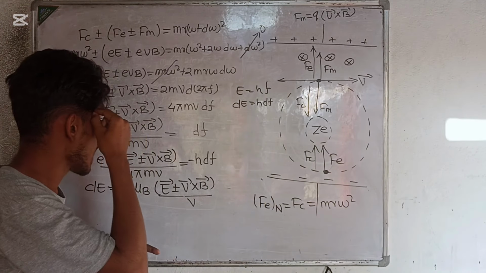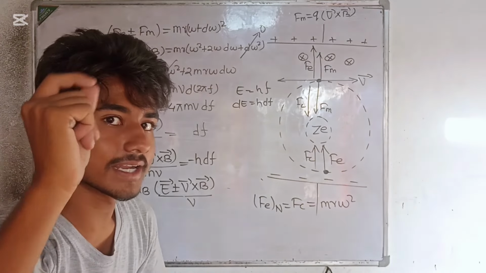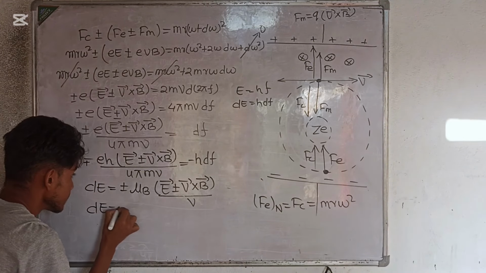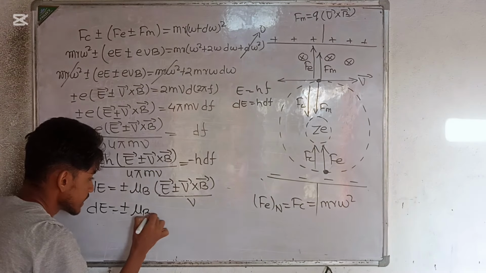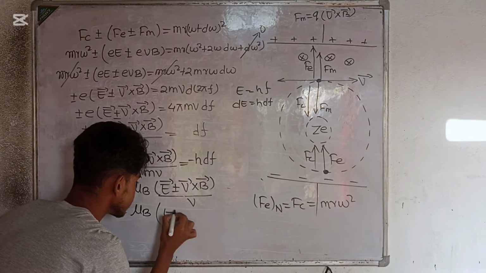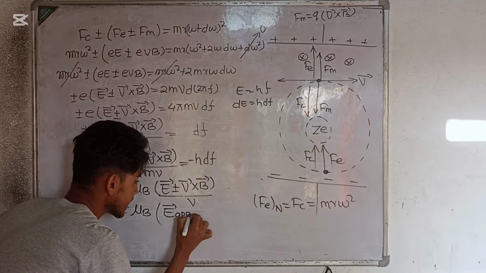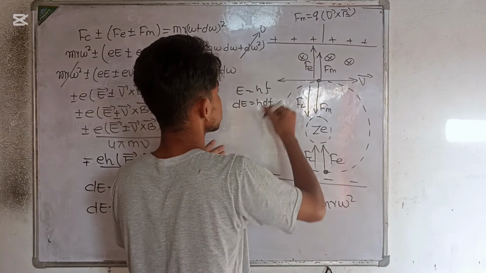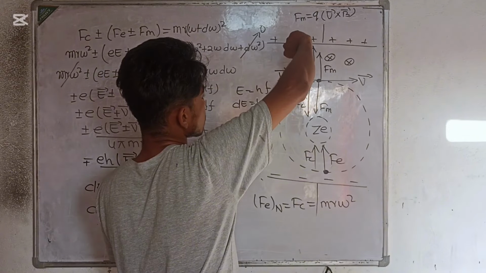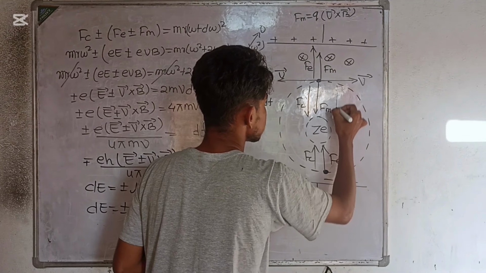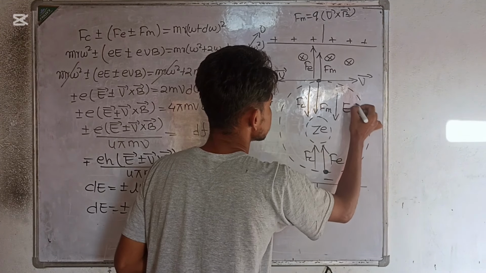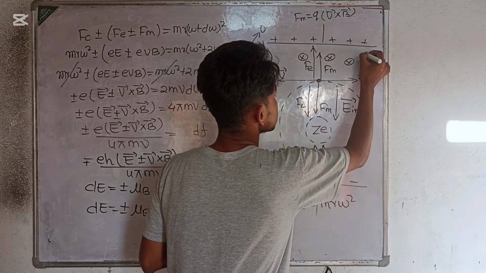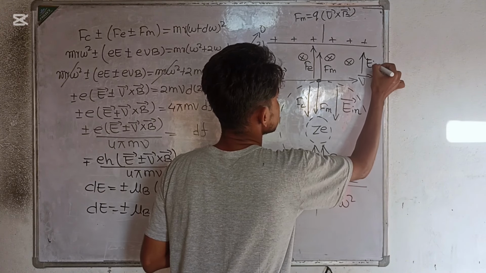I had some idea about Faraday's law of electromagnetic induction, and I am drawing a very important conclusion: this is an electric field, so I am writing it as E applied plus minus. V cross B, where v can be in any direction, could generate an induced electric field in this direction, or if the velocity is in that direction, the induced EMF will be in that direction, right?